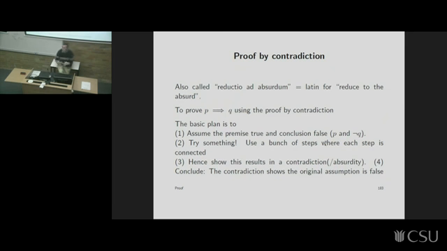So it's just an indirect way of showing that P implies Q. Why this is a useful technique is sometimes the premise is simple and the conclusion you draw is complicated, but the opposite of it is much simpler. So when the opposite of the conclusion is simpler, this is a good strategy.